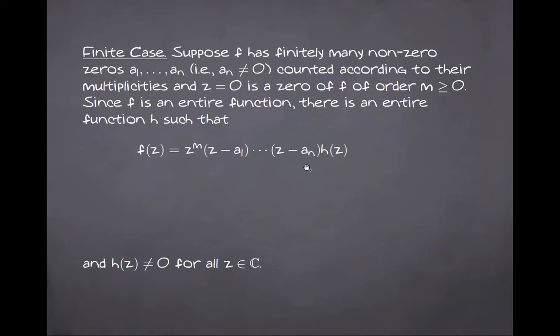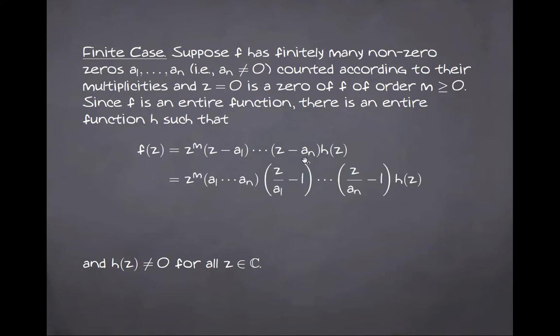If these are the zeros of f, then we can take these factors out, and there is another function h(z), analytic on the domain of f, C. So h is also an entire function, and h(z) is not 0 for all z in C. So f(z) is of this form.